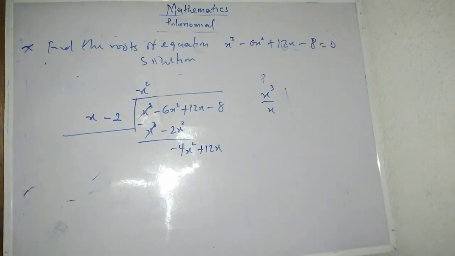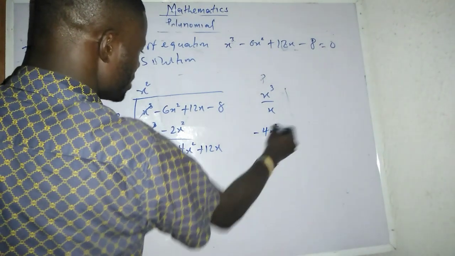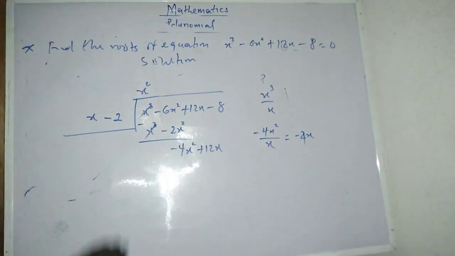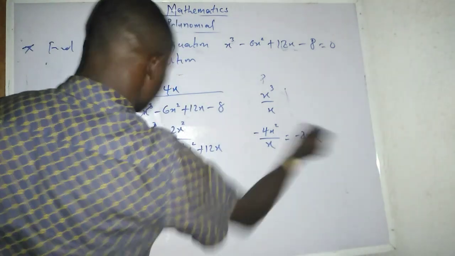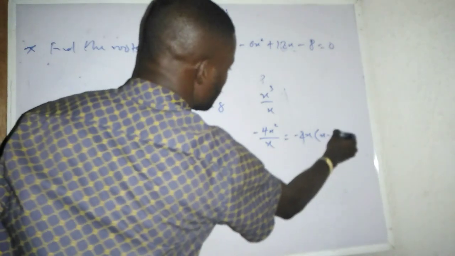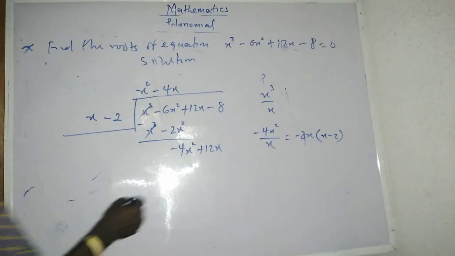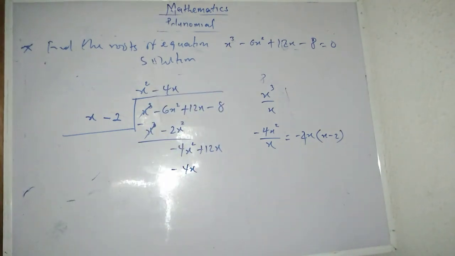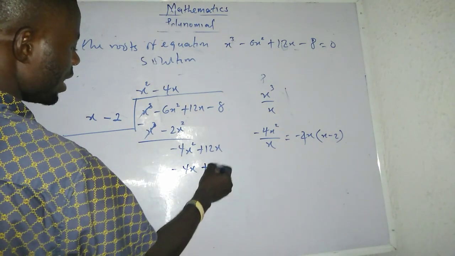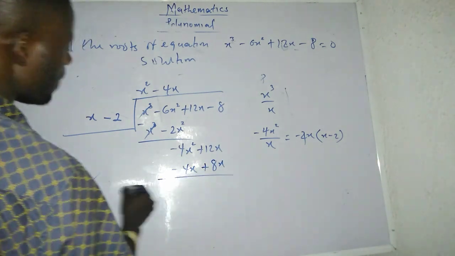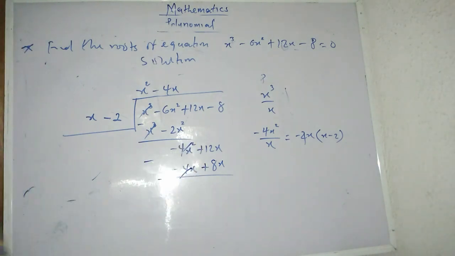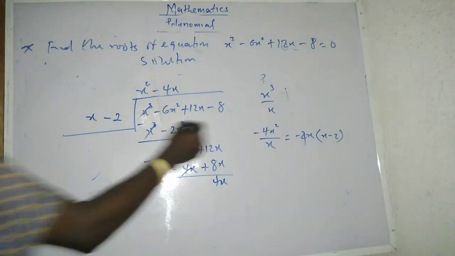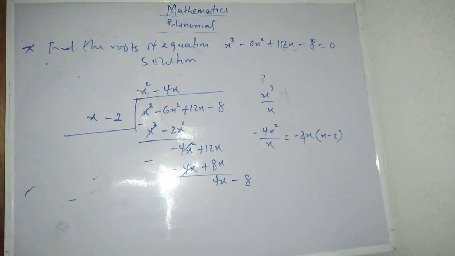The next one is 4x squared divided by x, which gives 4x. 4x is multiplied by the divisor, x minus 2, which I will have 4x squared minus 8x. Now, I will subtract, this will cancel this. Now, this one will be 4x. Bring down the next term, which is minus 8.